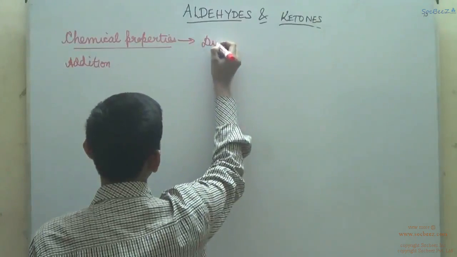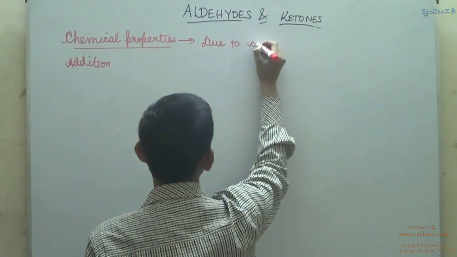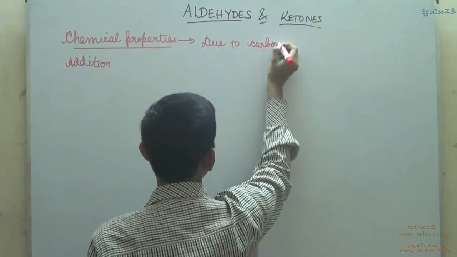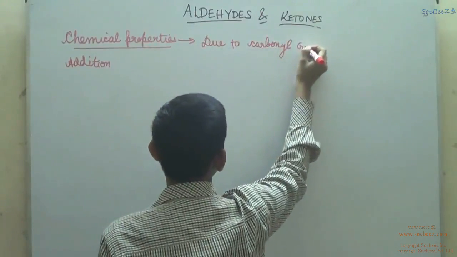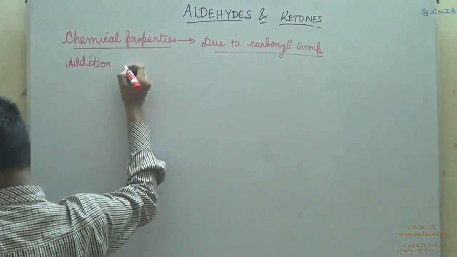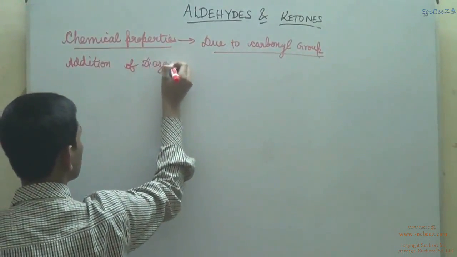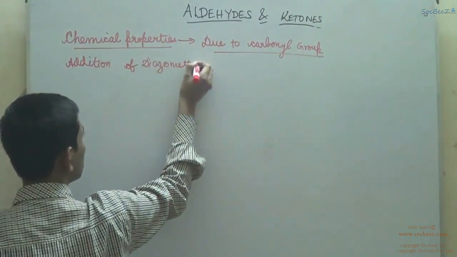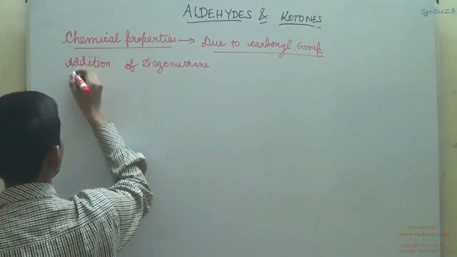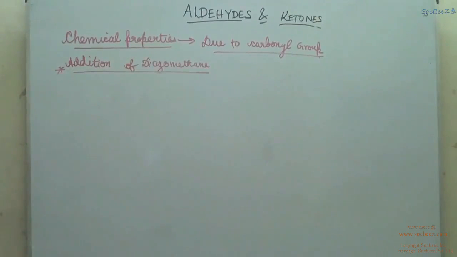So I will be taking chemical properties due to the carbonyl group. Now, a quite important one, reaction of diazomethane, addition of diazomethane.